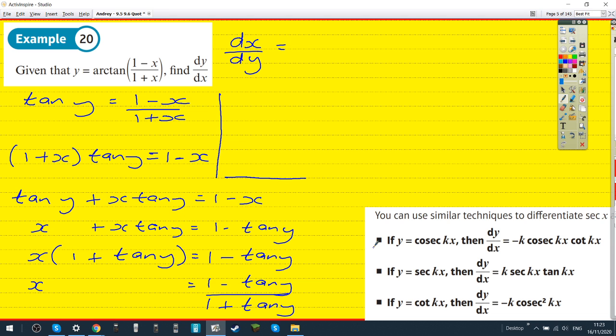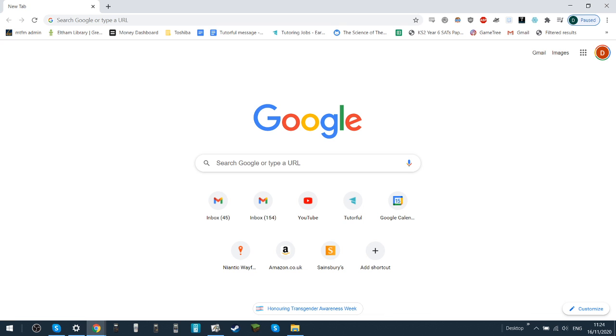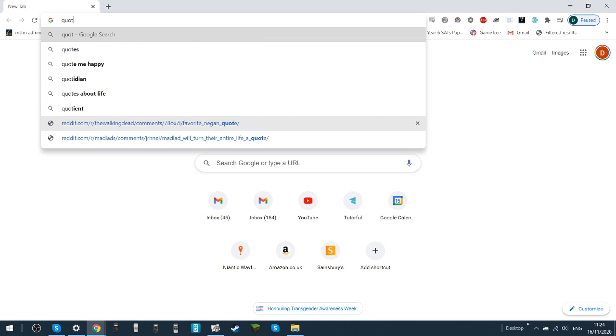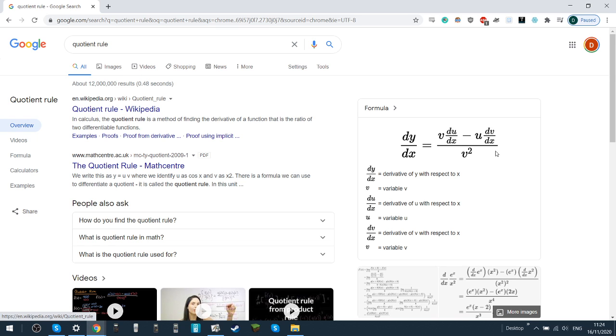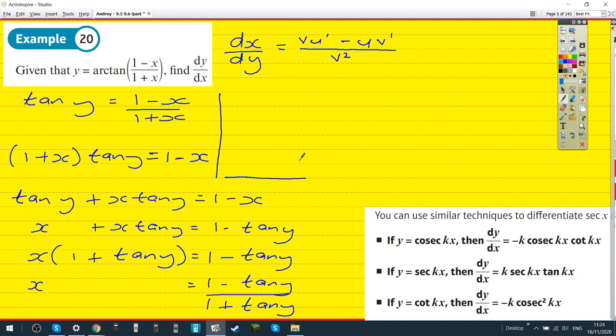I forgot what the quotient rule was. If I remember correctly, it was v u dash minus u v dash all over v squared. Let me just check quickly. Yeah. So let's say u equals, v equals.